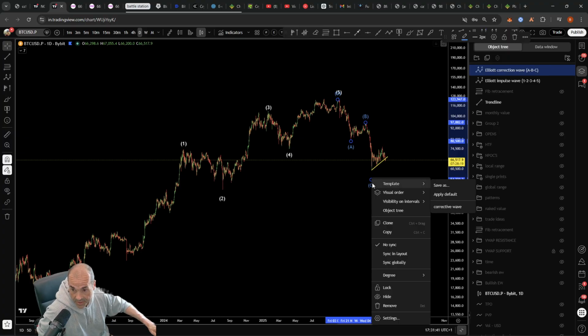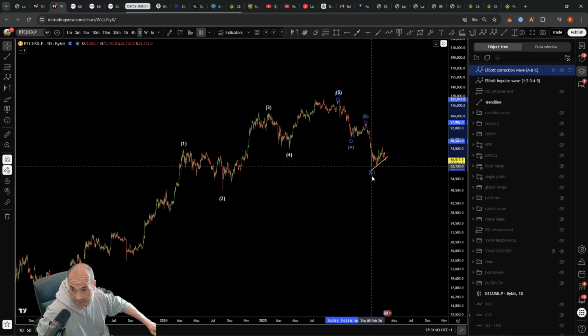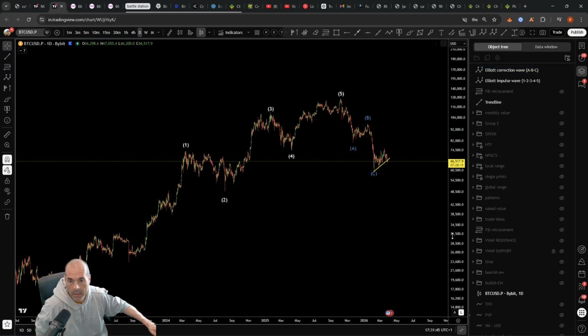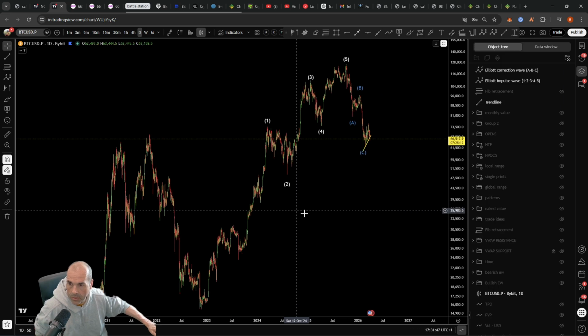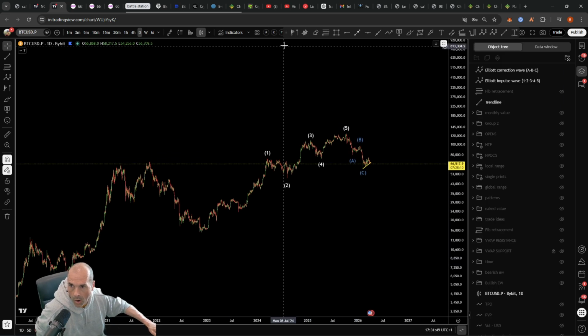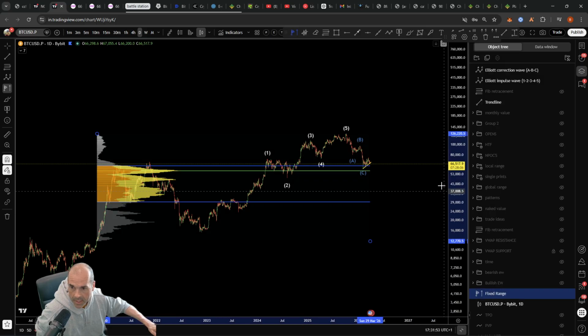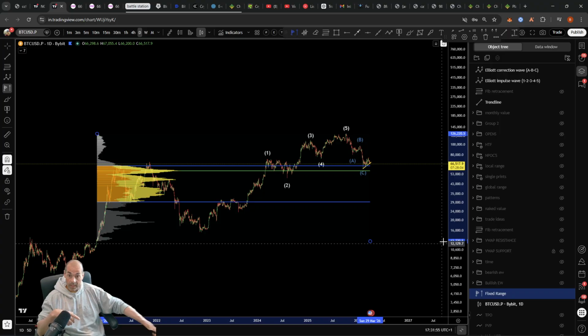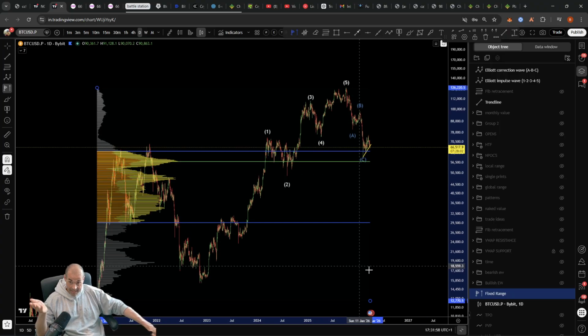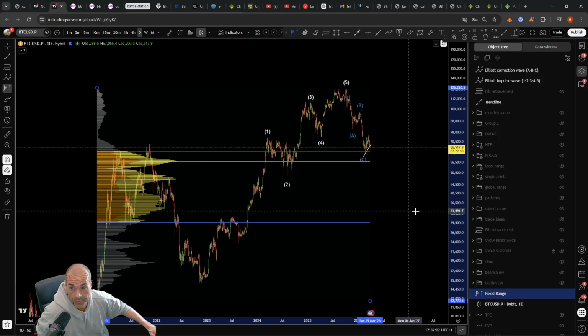For your C wave, you want to come into some big support. If we pull all of this from 2021, we would see that that is a massive support level, like 6 years' worth of support.